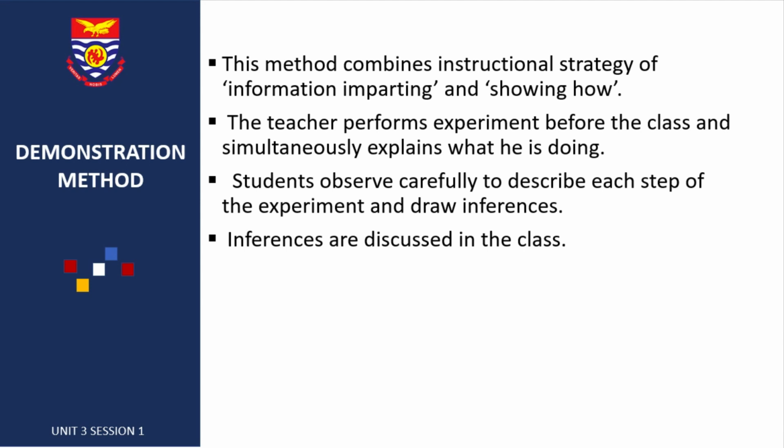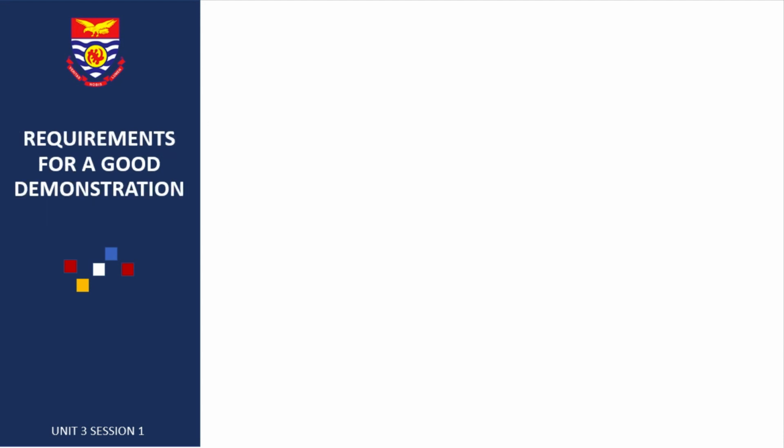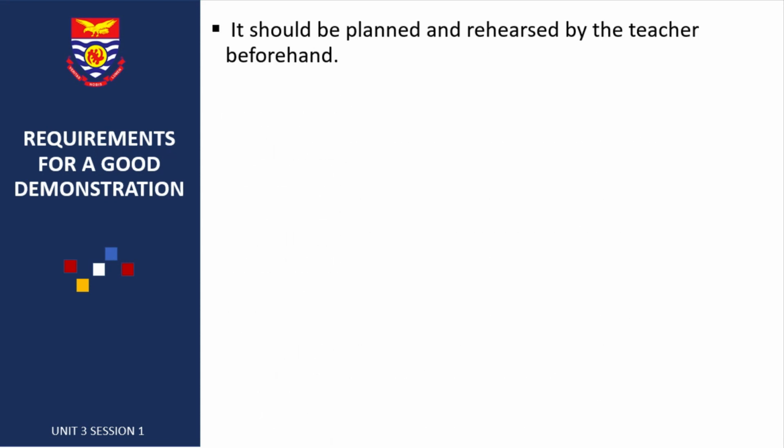But the next thing we are going to look at is the requirements for a good demonstration. Remember, you cannot just do any demonstration at all. Before you do that, there are certain things that you need to take into account, and these are those things you have to consider. It should be planned and rehearsed by the teacher beforehand.